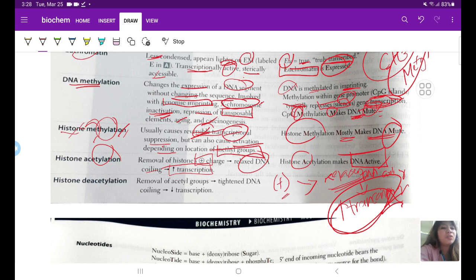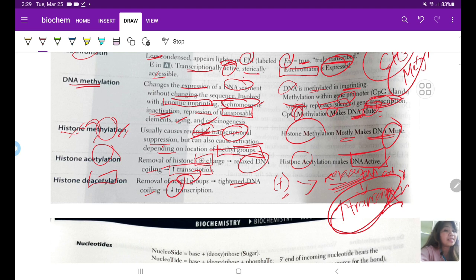In histone deacetylation, removal of acetyl groups tightens DNA coiling, and this decreases transcription. So, remember a while ago, there was relaxed DNA coiling, and that produces an increase in transcription.